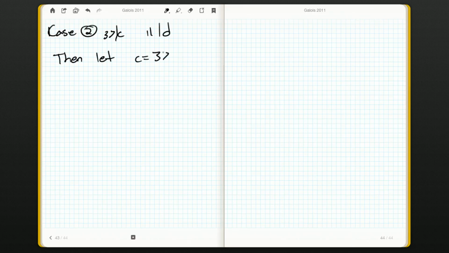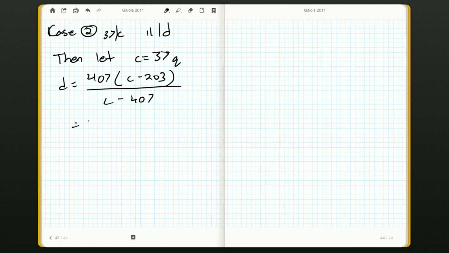So now, armed with our new technique, let's let c be 37q. d is 407 minus c times c minus 203 all over c minus 407.